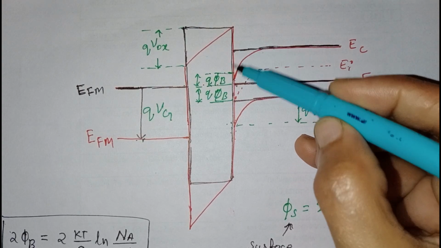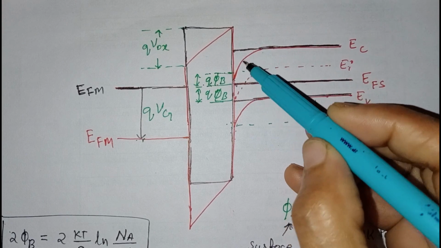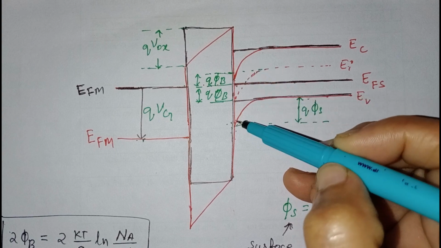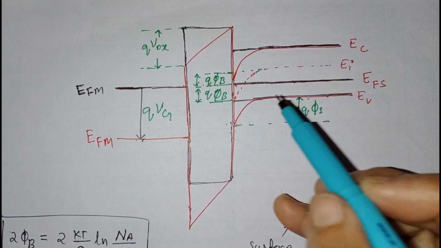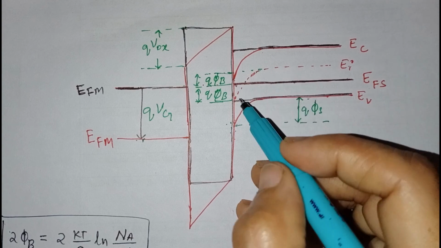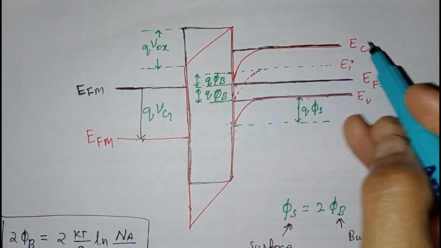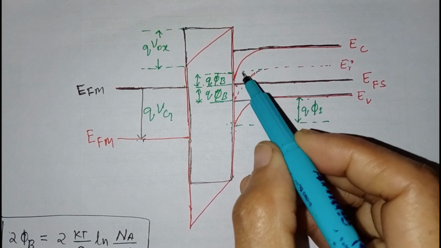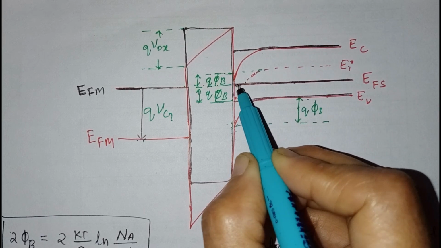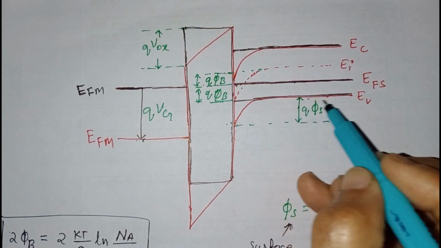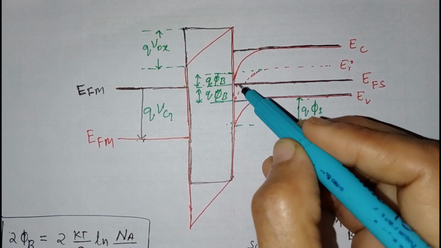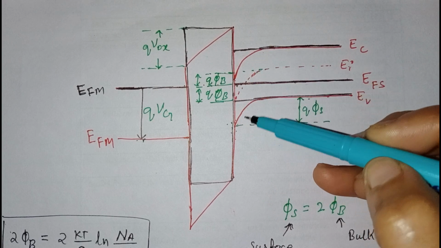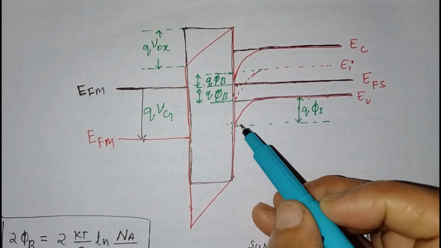But near this interface, the semiconductor is converted into n-type due to the accumulation of negative charge carriers. So near this interface, the Fermi level will be near the conduction band. So the conduction band moves downward and comes near the Fermi level at the interface, and also the valence band moves away from this Fermi level. So near the interface, the band diagram is like the band diagram of an n-type semiconductor.